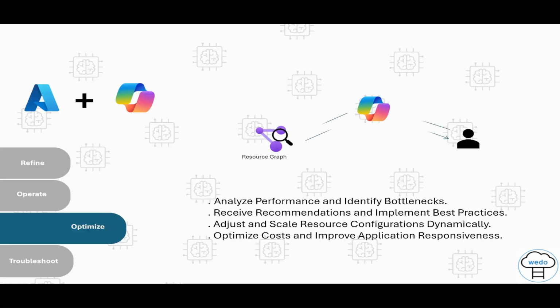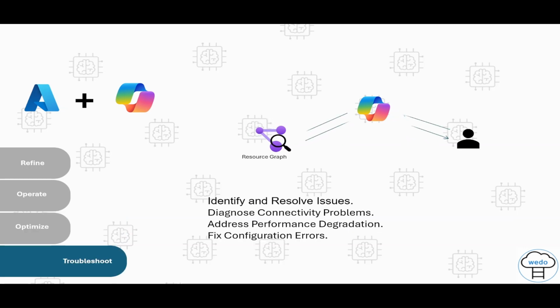So let's go back to the presentation and the last part here. Troubleshooting, which is super important, right? Troubleshooting is an inevitable part of managing any cloud, and it doesn't matter which cloud. Troubleshooting is always there and you have to deal with that. But here, Copilot changed the game.